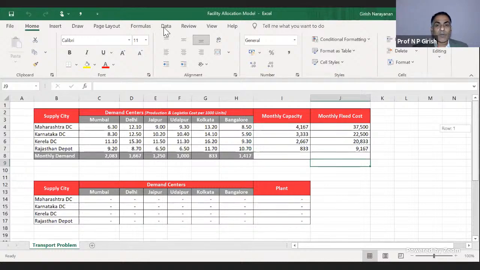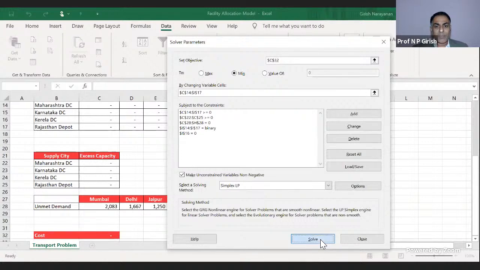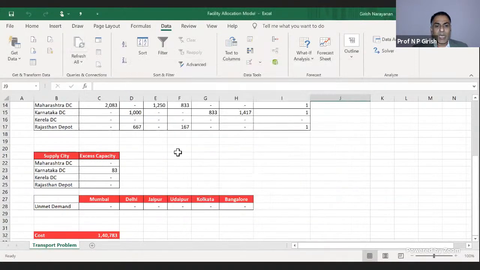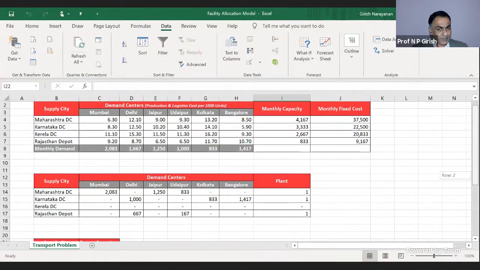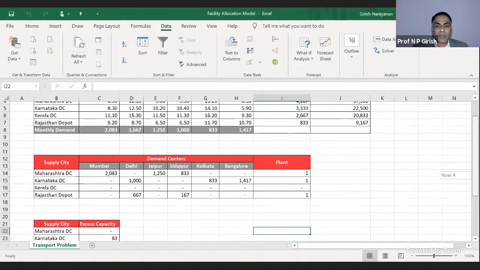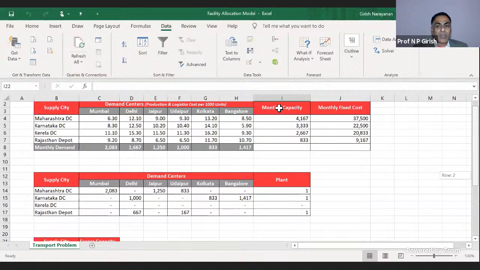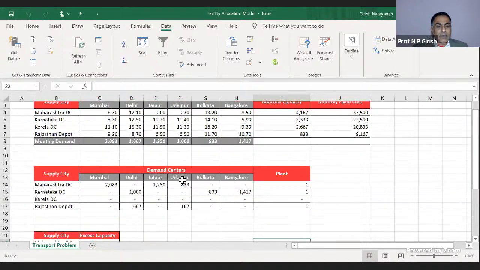Let's try to solve, okay. Alrighty. So what are we doing here? You are engaging Maha DC, 4167, supplying to Mumbai, Jaipur, Udaipur.